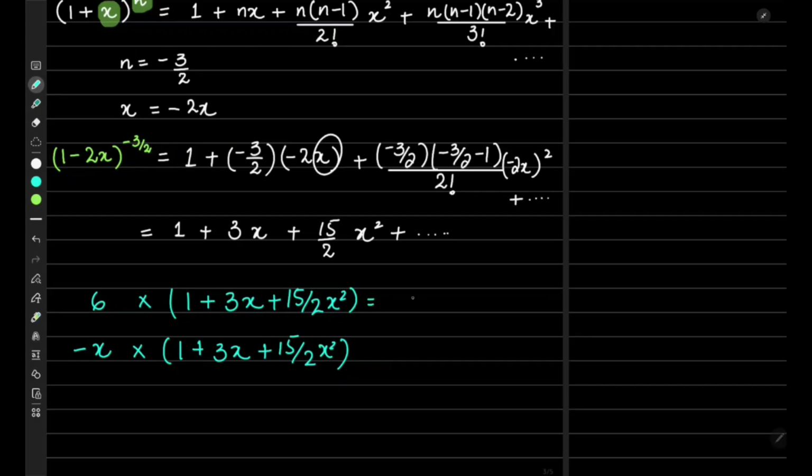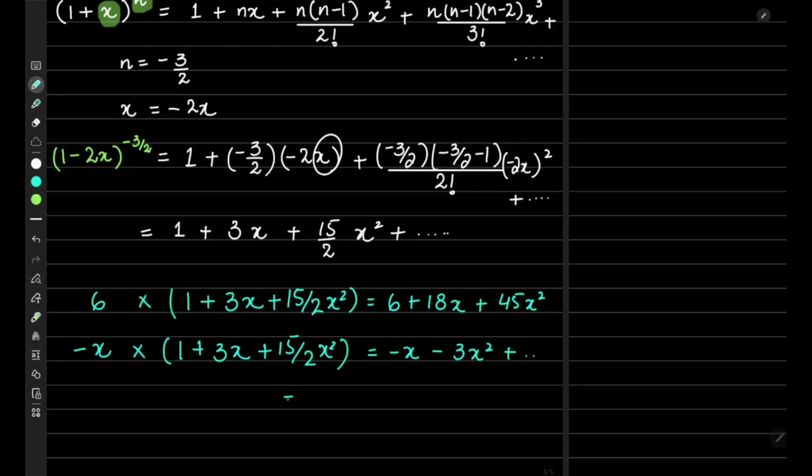This will give you 6 plus 18x plus 45x square, and the second term will give you minus x minus 3x square, and the next term we don't need because it will give you an x cube term.